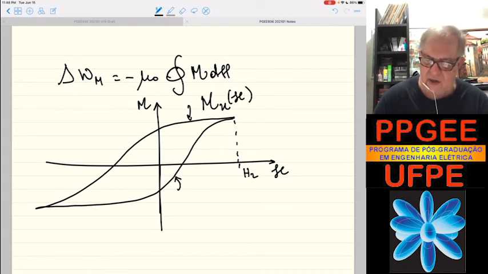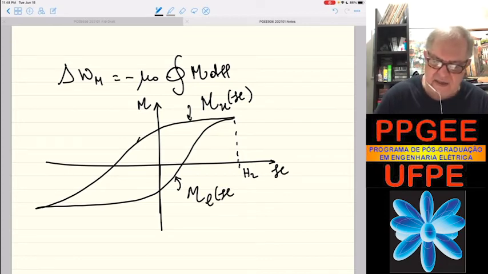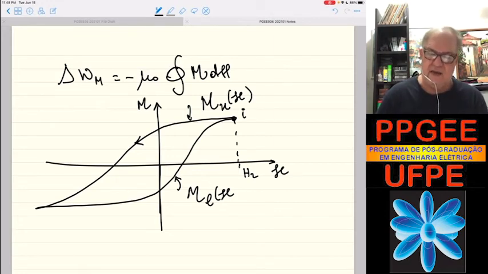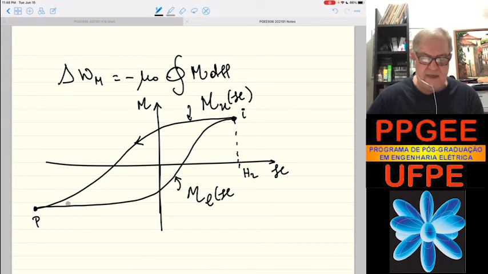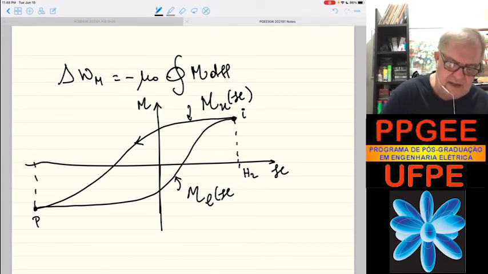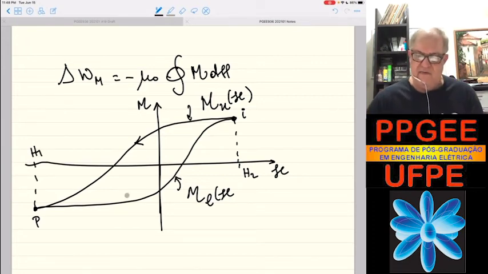This one we call the lower curve, m lower of h. I start at the initial state, go through m upper to this intermediate point P, then integrate from h2 to h1 through m upper, then from h1 to h2 through m lower.